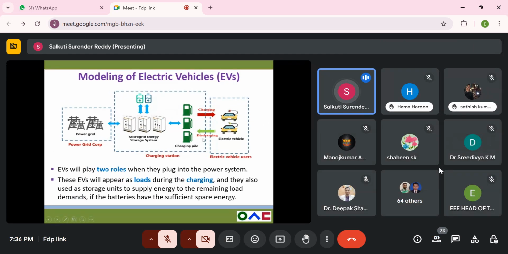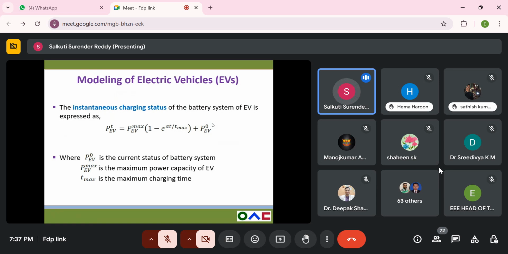During the discharging time, they appear like generators. So they can act like generators or loads. This behavior you need to model in your load flow problem, maybe your Gauss-Seidel load flow, or Newton-Raphson, or fast decoupled load flow. You need to model this electric vehicle.